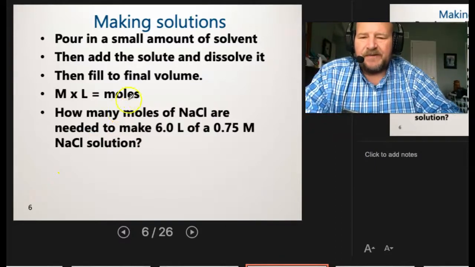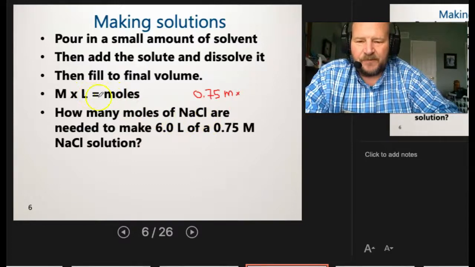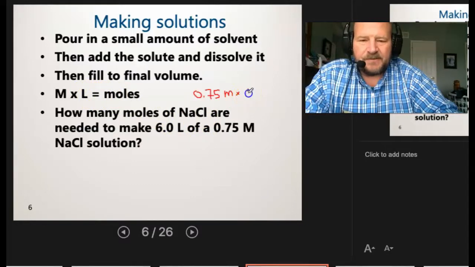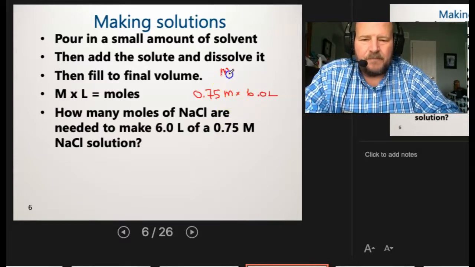So again, we can follow this formula right here. We have molarity, 0.75 molar, times the volume would equal the number of moles. So times 6.0 liters. Now remember, this is going to work because big M is equal to moles over liters.